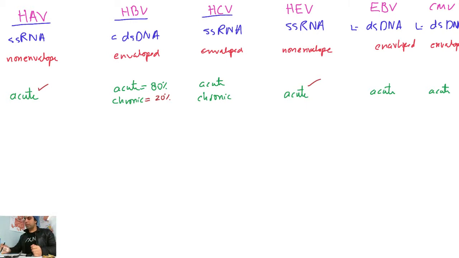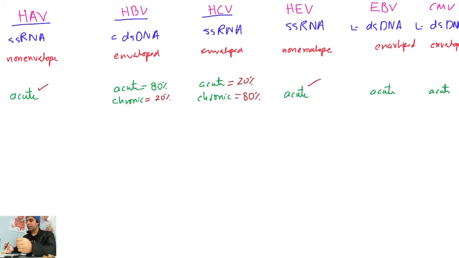Let's go to C. In C, it's the opposite. 80% becomes chronic. Oh, I switched the location. So the majority of hepatitis C infections become chronic. Only 20% will be acute. So hepatitis C is known to cause chronic hepatitis.